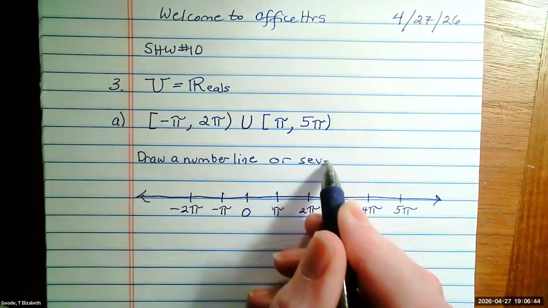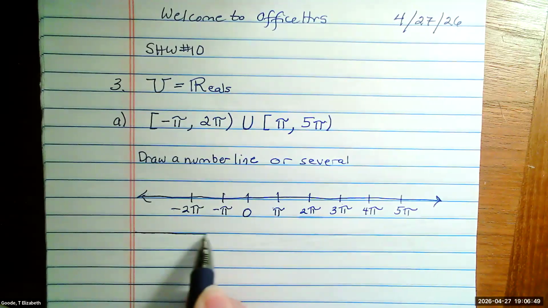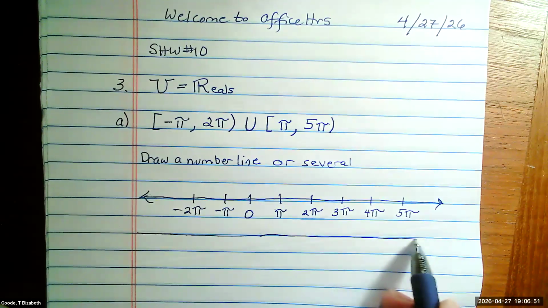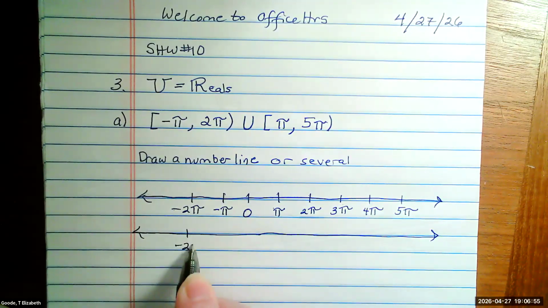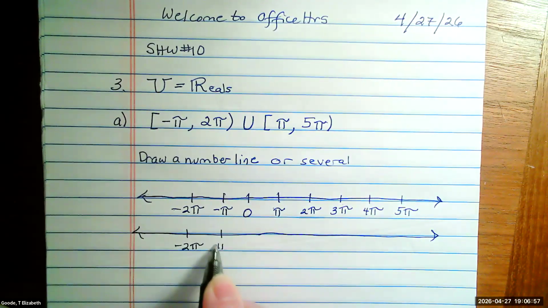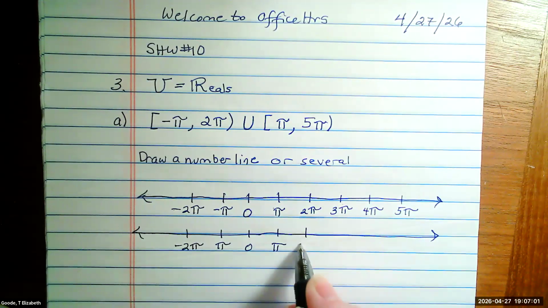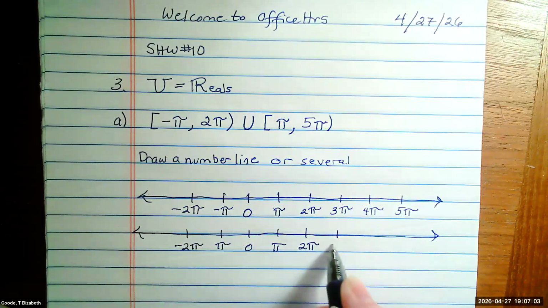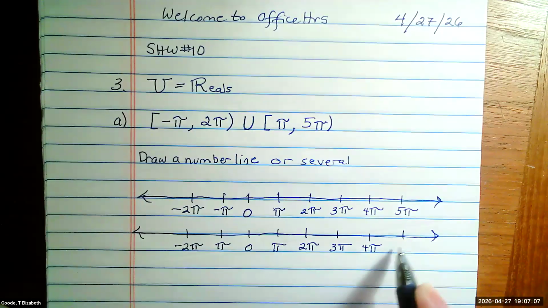We can draw several number lines, and it'll be maybe easier to see the relationship between these different intervals. We can shade these particular intervals and look at what their union and their intersection turn out to be, okay?